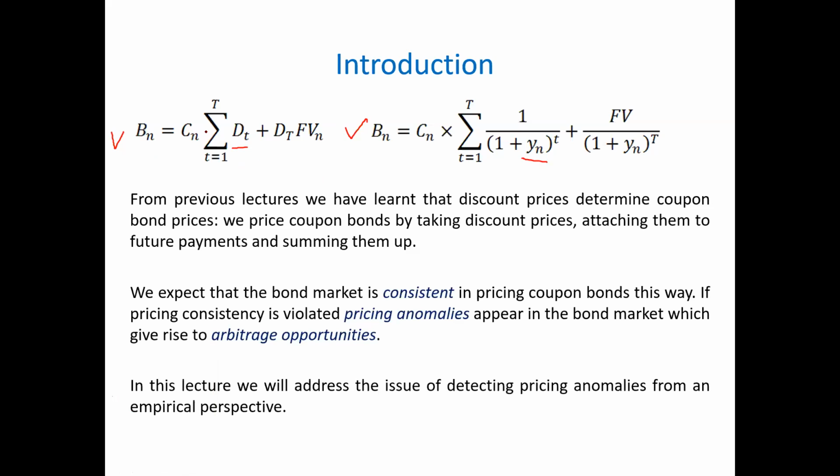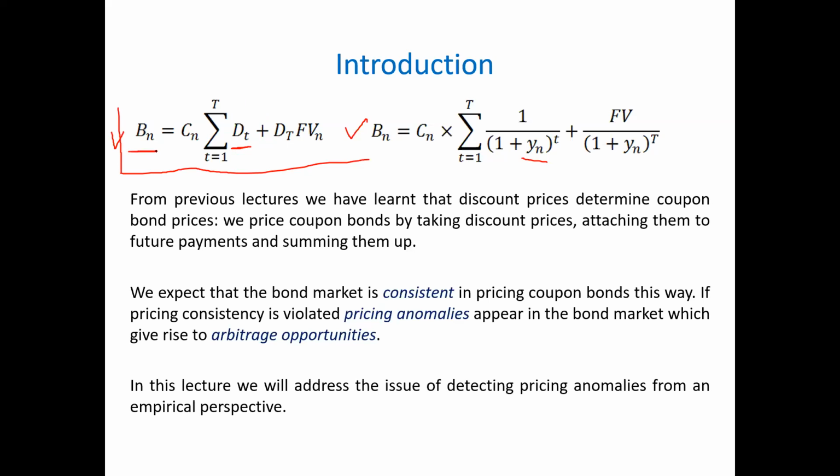So pricing consistency can be demonstrated using this formula, the linear approach. You see that here we have essentially two different prices. This is the price of a coupon bond, and this is a set of discount prices. That is, this D_t belongs to a discount bonds market, and B_n belongs to a coupon bonds market.